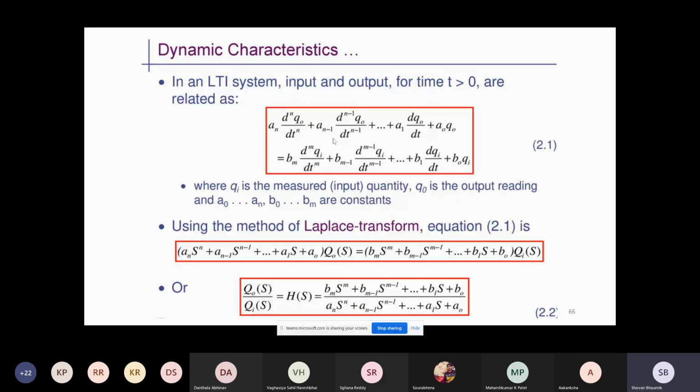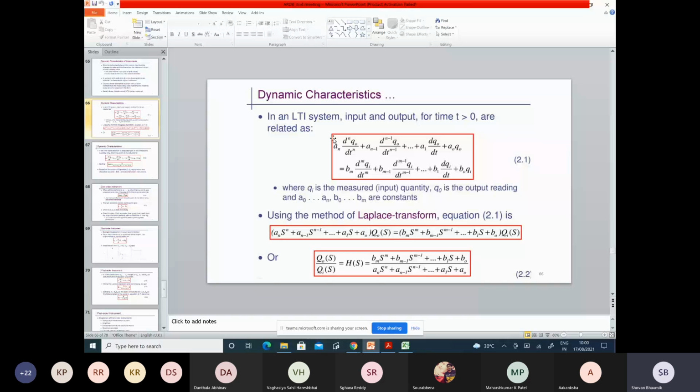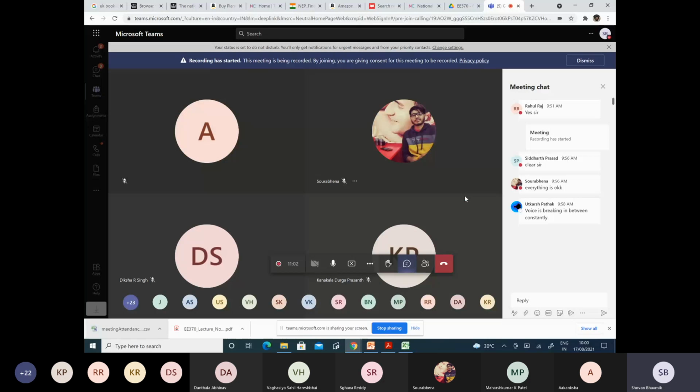Now let's come. I think up to this point there is no query. Okay, there is. Oh, again the voice is breaking constantly. Let me try with my hotspot or something. If the voice is breaking constantly, what can be done? We need to try something else. Today is not a good day for us. Or I can change my position.